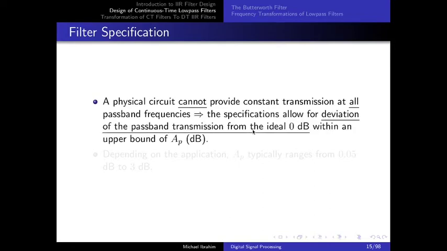That's why the specification allows for a deviation from the ideal level 0 decibel, within an upper bound of AP, which is the passband ripple. Basically we would allow some fluctuation in the passband, and instead of ideally having a flat passband, we allow ripples within AP decibels. That's why we call AP the passband ripple. Depending on the application, the value of AP might go from 0.05 decibel up to 3 decibels or so.